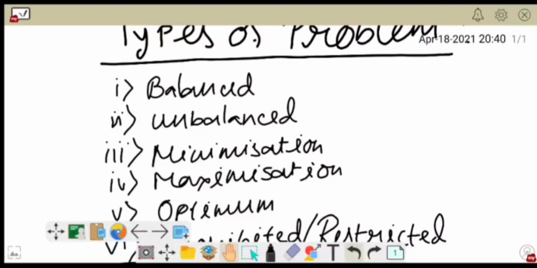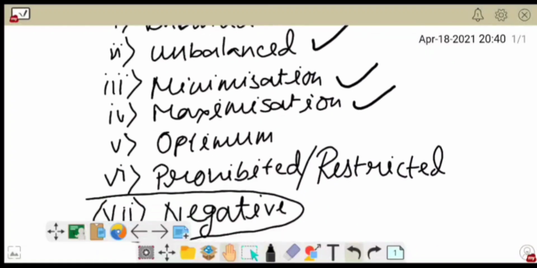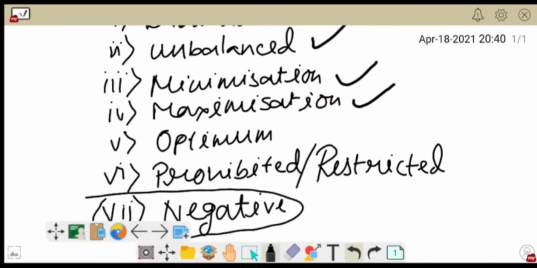In the previous video we got to know what a balanced formation is, what an unbalanced formation is, what a minimization formation is, and what a maximization formation is. I said that the optimum kind of assignment problem we will discuss when we do the practical sums, and the last one is prohibited. I did not explain in detail in the previous class. I just gave a glance to know about this chapter.